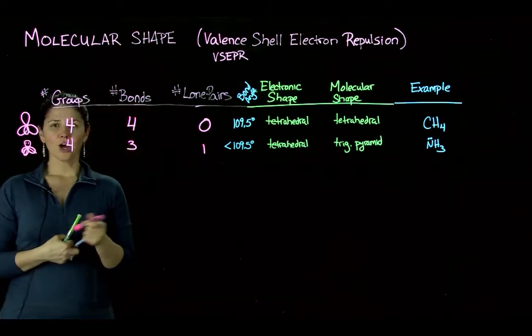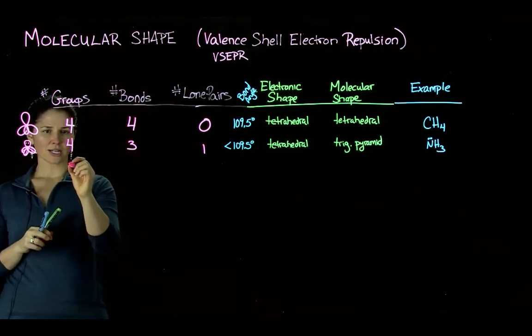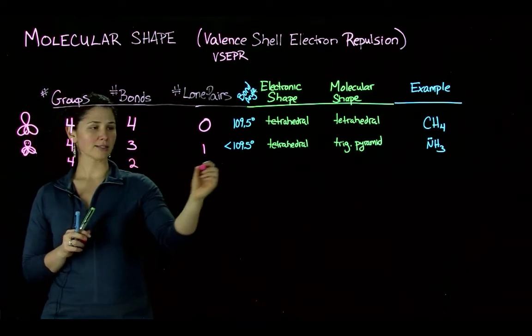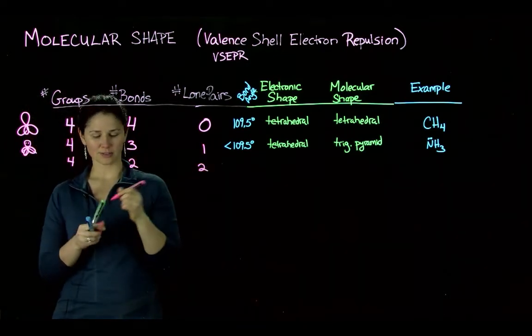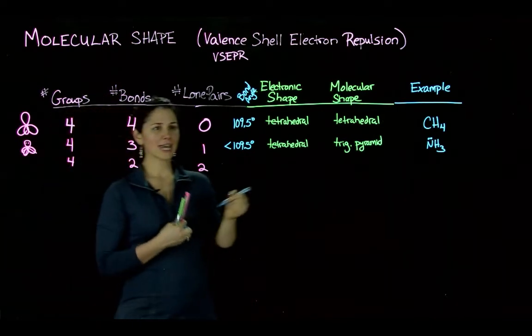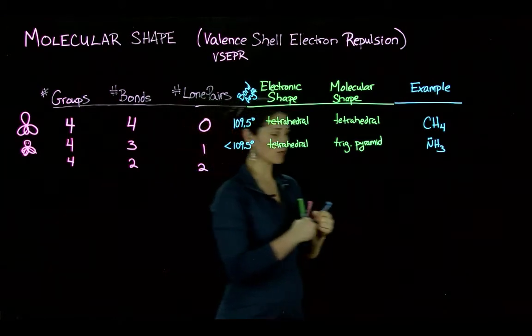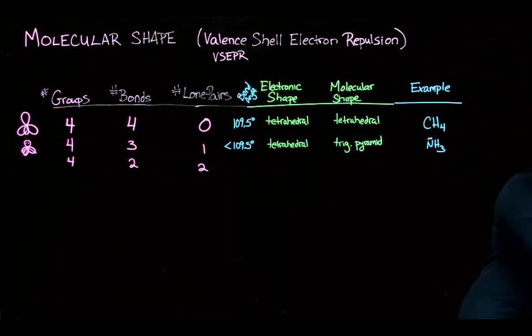Okay. All right, so now let's talk about a situation where you have 4 groups, 2 of them are bonds, and 2 of them are lone pairs. In this case, once again, you're going to have the 2 lone pairs taking up more space than the bonded groups.